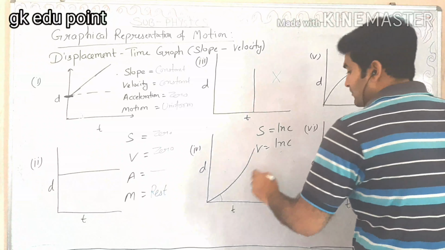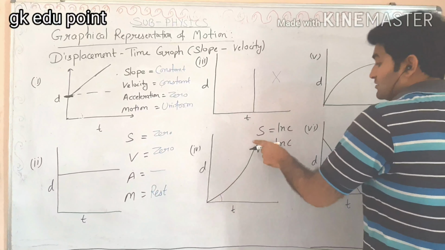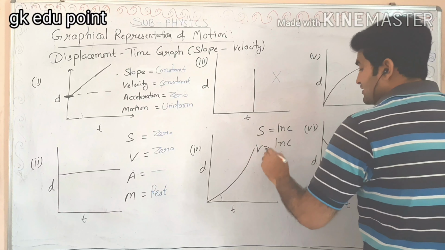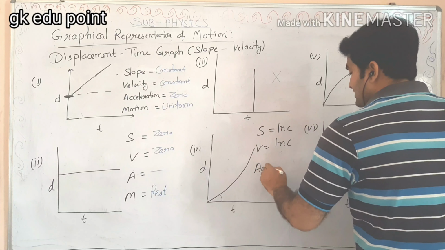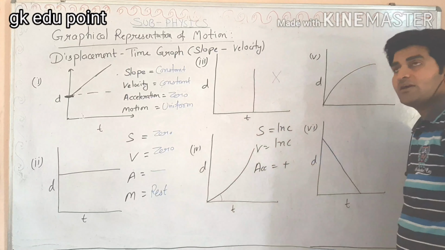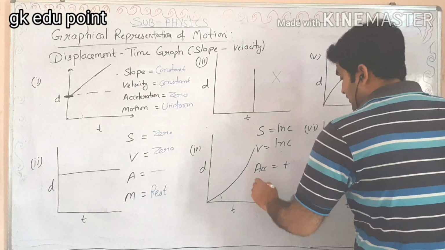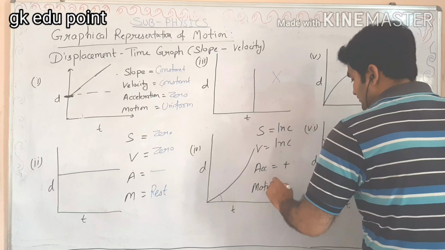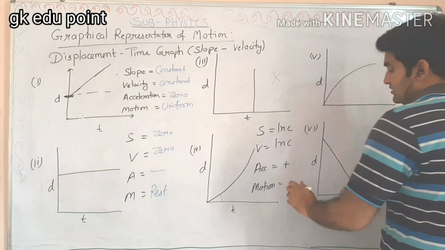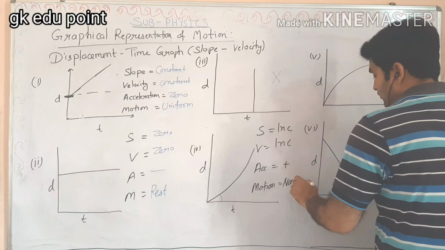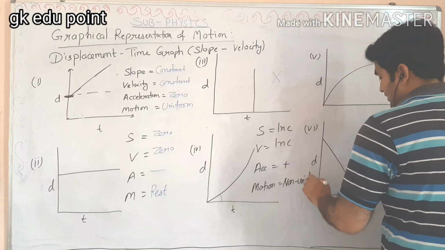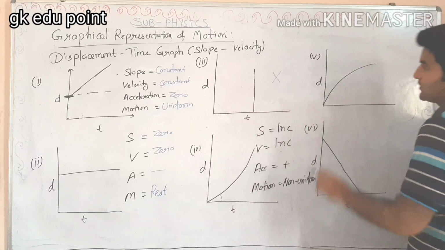The particle is accelerating and there is a change in velocity in the upward direction. It means there is a positive acceleration here. And what about the motion here? The motion will be non-uniform.